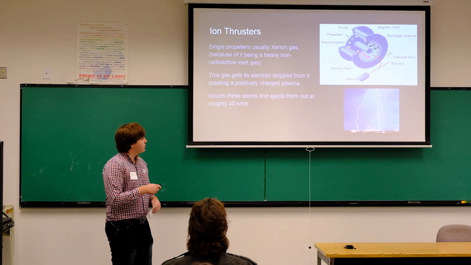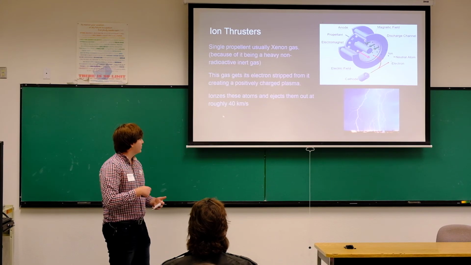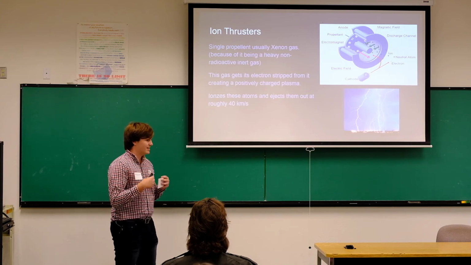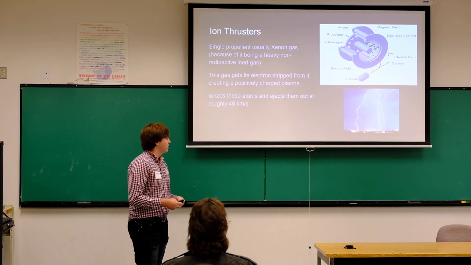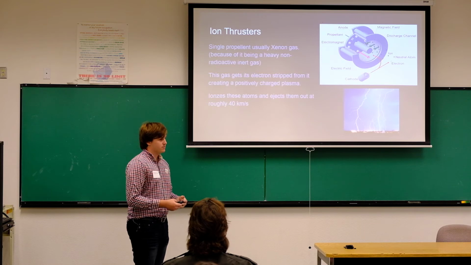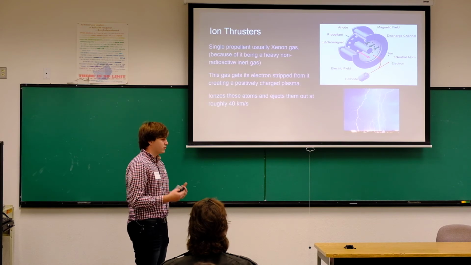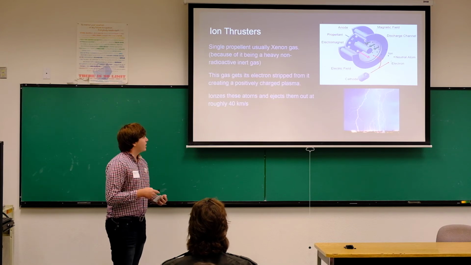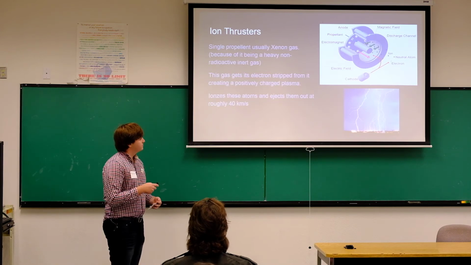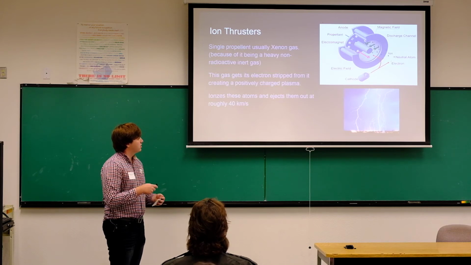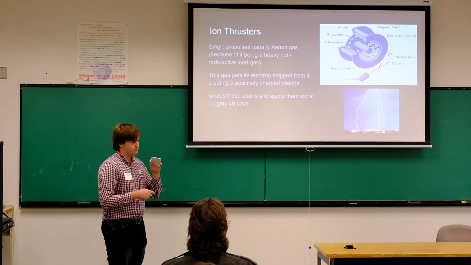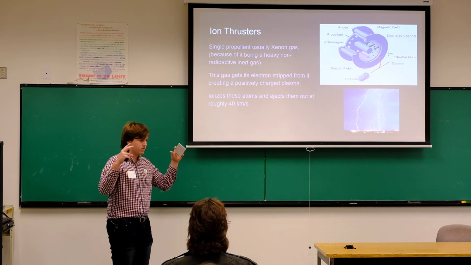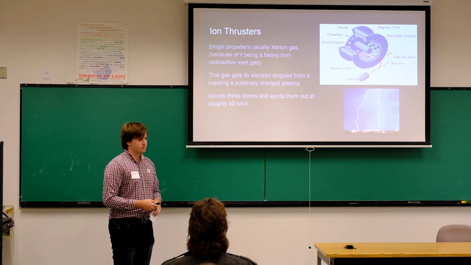So then that plasma gets ejected out the back at 40 kilometers per second, which is an insanely fast speed. But it doesn't produce a very high thrust force, only for the fact that the ionizing molecules are not big masses.